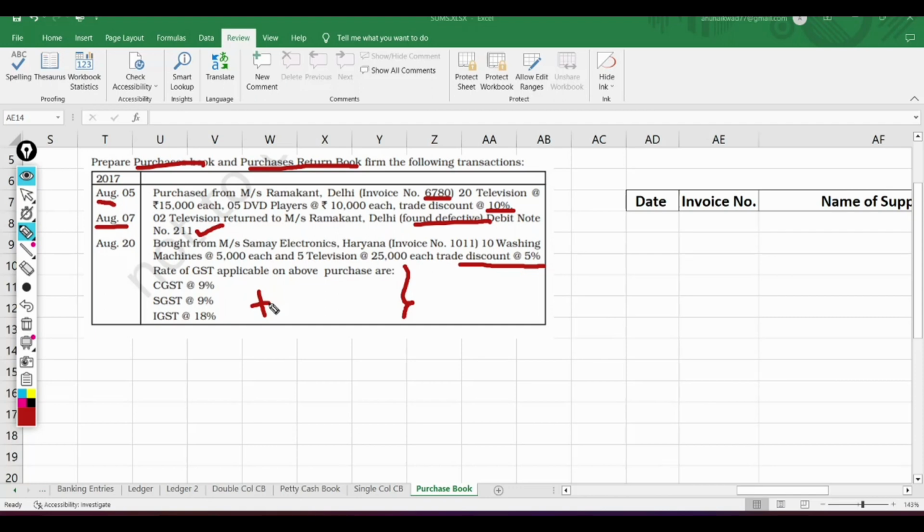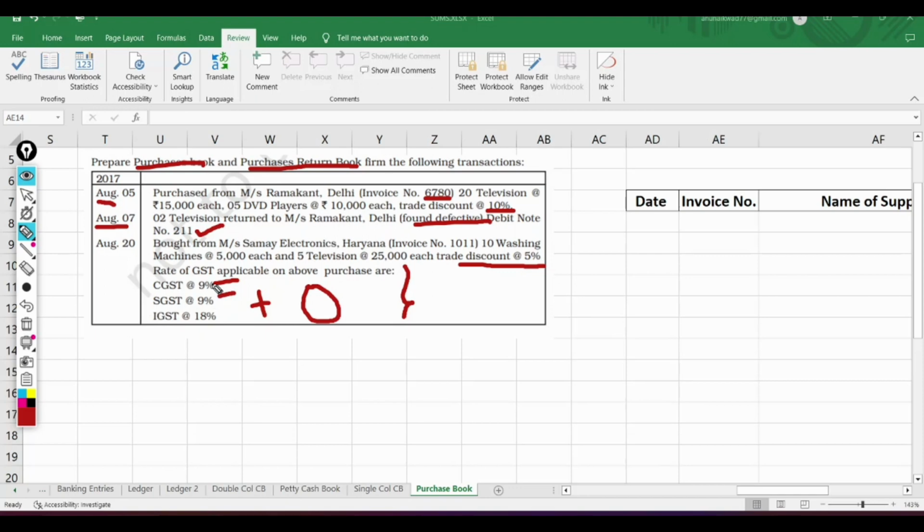CGST and SGST are taxes applicable when you purchase goods within the same state. When there is purchase and selling of goods within the same state, then CGST and SGST is applicable. CGST stands for Central Goods and Service Tax and SGST stands for State Goods and Service Tax.